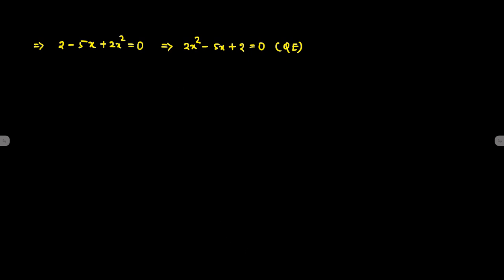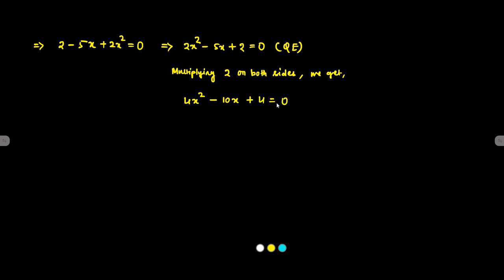So multiplying 2 on both sides, we get 4x² − 10x + 4 = 0.